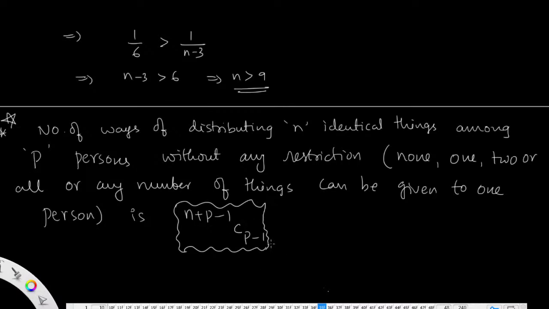Dividing n identical items into r persons such that each person gets at least one item is n minus 1 Cr. Another form is this second formula.